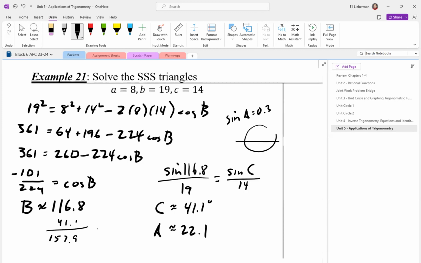That could be either here or here. The calculator always gives you the acute one, so as long as you're careful, it's going to work out. You make sure that opposite the big side is a big angle, so you wouldn't be given an acute answer.